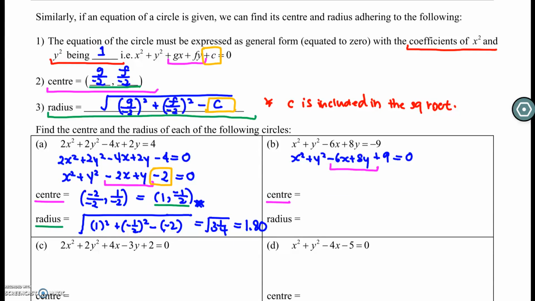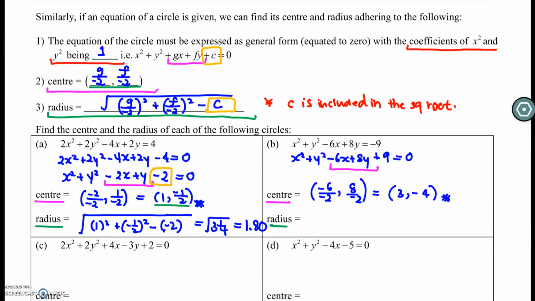So the coefficient of x is minus 6, so it's minus 6 over negative 2. Coefficient of y is 8, so 8 over negative 2. Simplify, and we'll get positive 3 and negative 4.